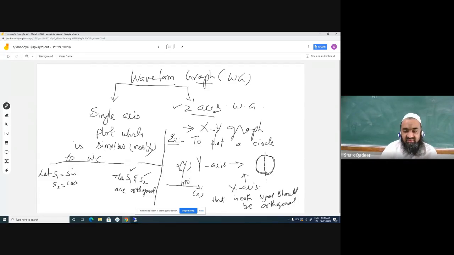Whereas two axis waveform graph is entirely different, because here we need to give two axis data, right? So in order to make this understand, I had considered an application of plotting an impression of circle with the help of two signals.